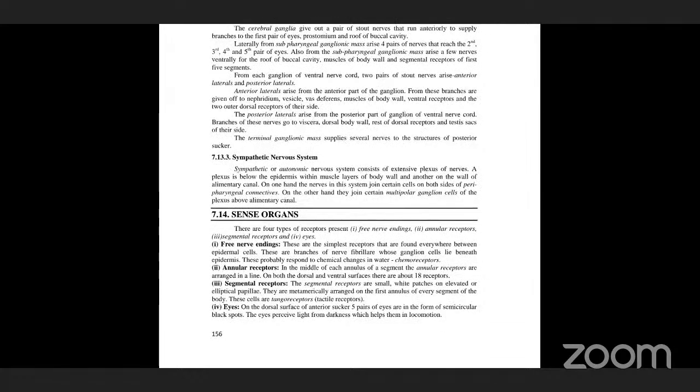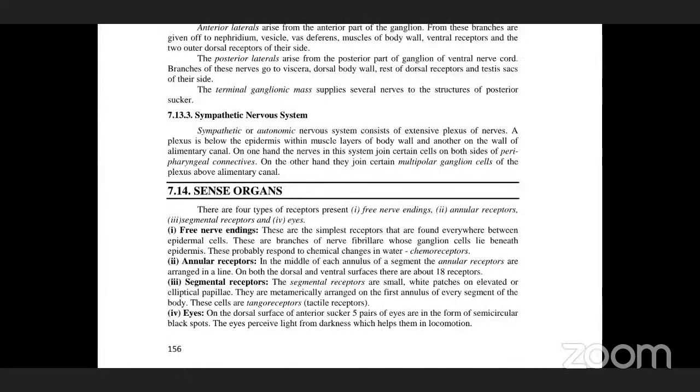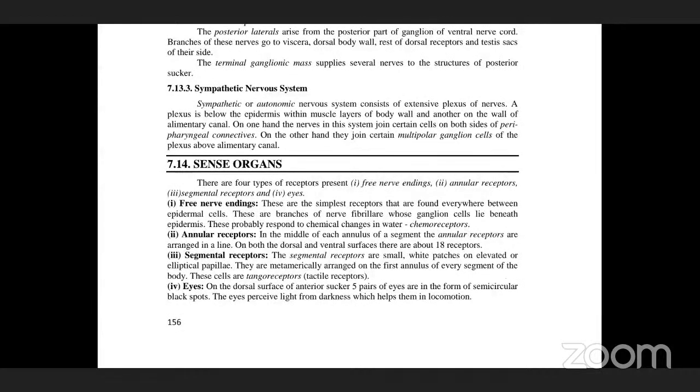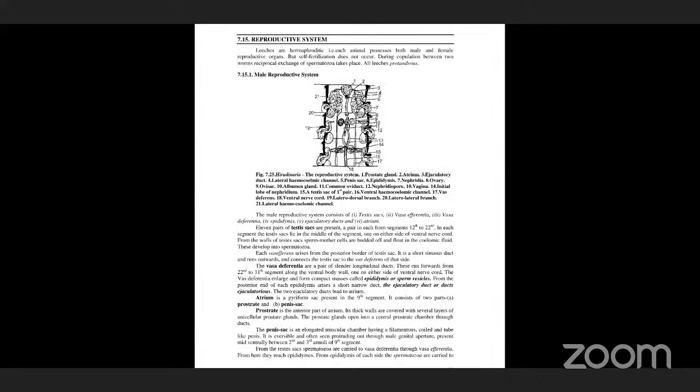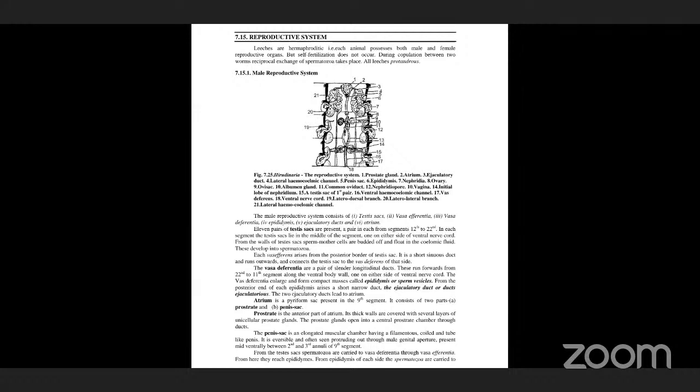Okay. Then sense organs. So sense organs are of four types. They have receptors, free nerve endings, annular receptors, segmental receptors, and eyes. This I have already discussed when I told you about annular things. Then the reproductive system, male and female.